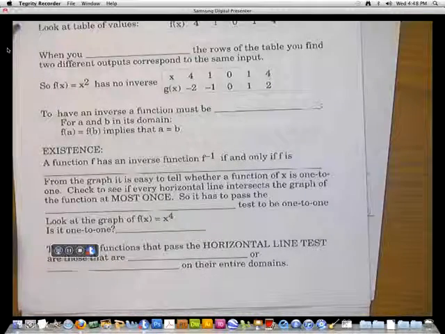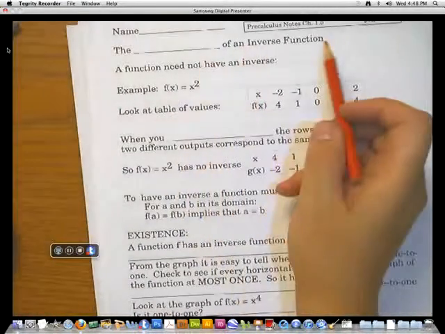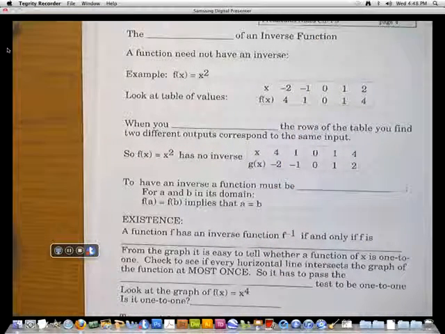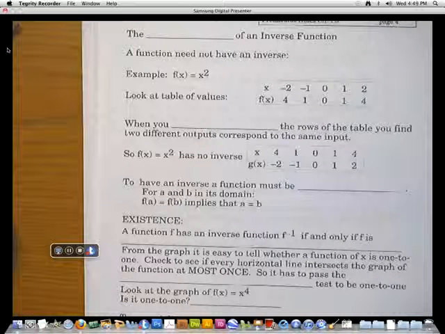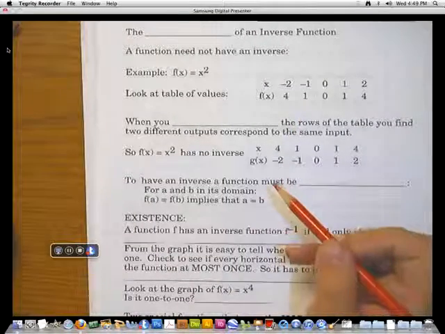All right, page 4. The existence of an inverse function. How do you know that an inverse function even exists? Because some functions do not have an inverse. Here we have a table of values.